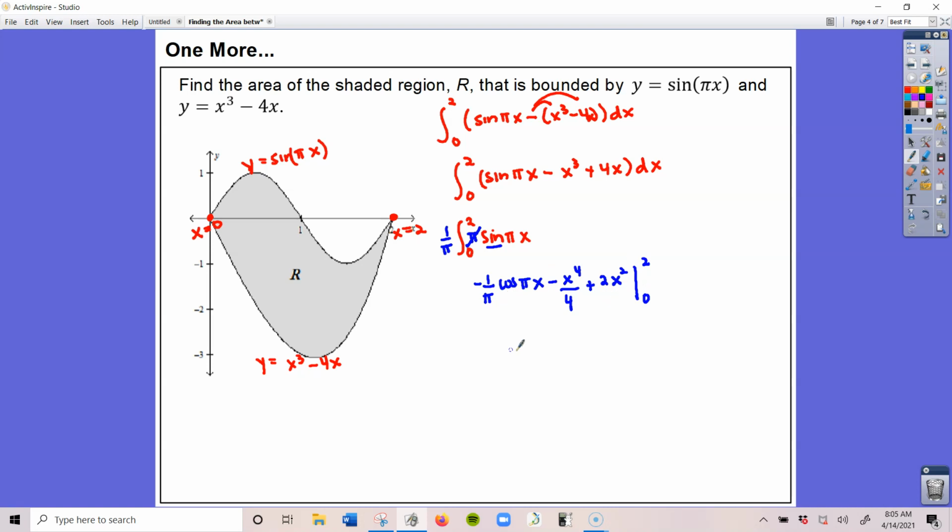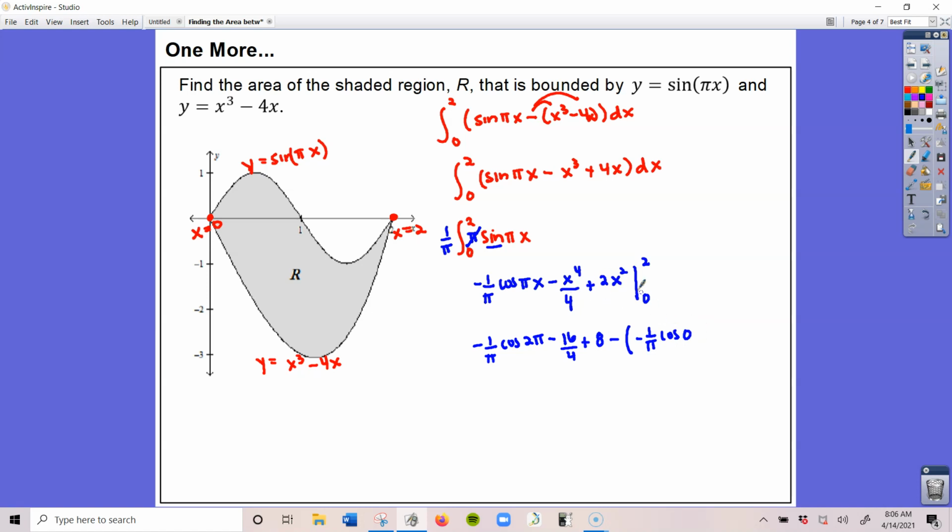So now we plug in the 2 and we get negative 1 over pi cosine of 2 pi minus 2 to the fourth, which is 16, over 4, plus 2 squared is 4 times 2 is 8. Now we plug in 0, so minus negative 1 over pi cosine of 0 times pi is just 0.